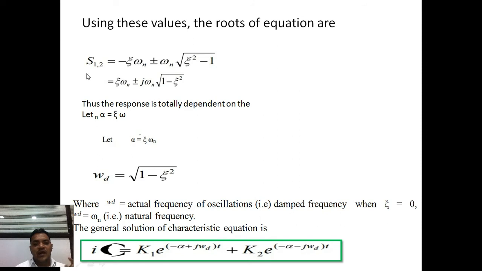So the roots of the equation are S of 1, 2 equal to zeta omega n plus or minus j omega n into root of 1 minus zeta squared.